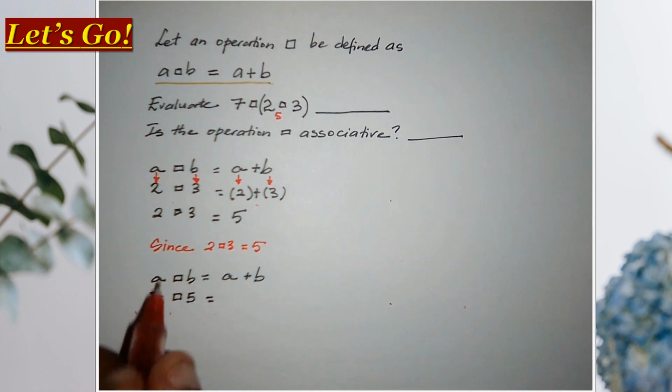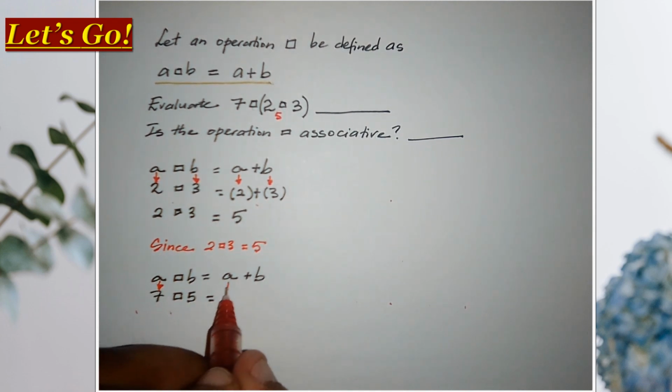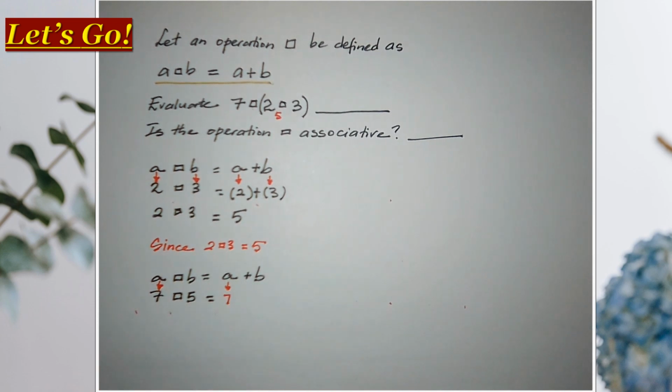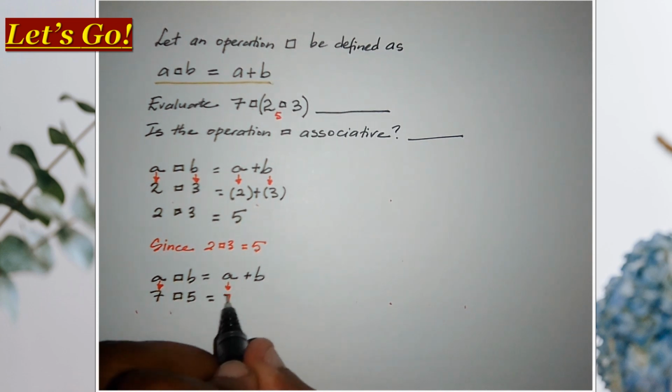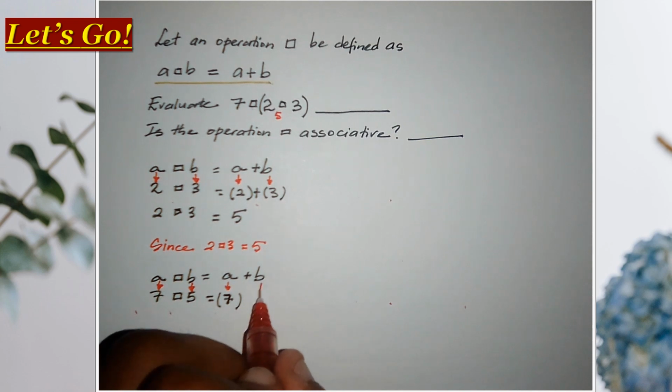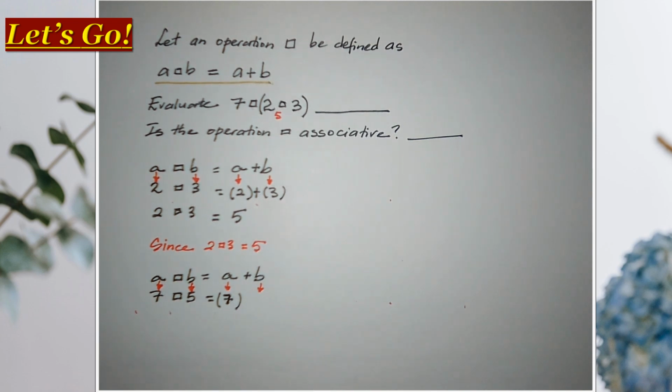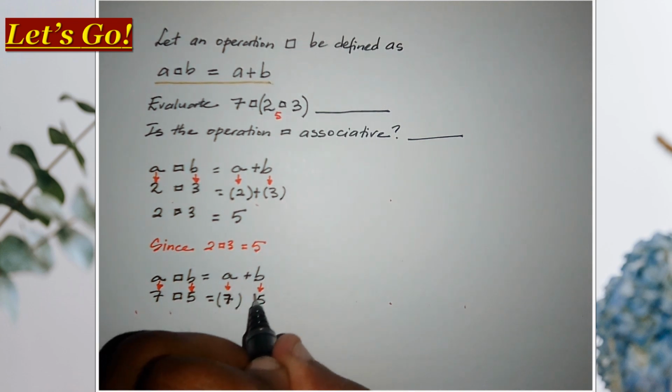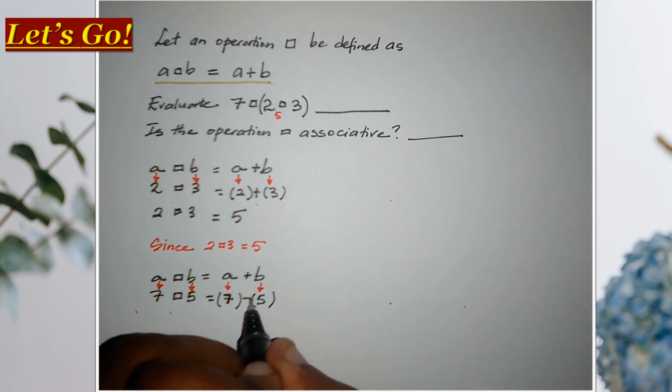Straight away we can see that A was 7, so under A I'm going to put 7. And we can see that B is 5, so B is going to be 5. And there's a plus between them.